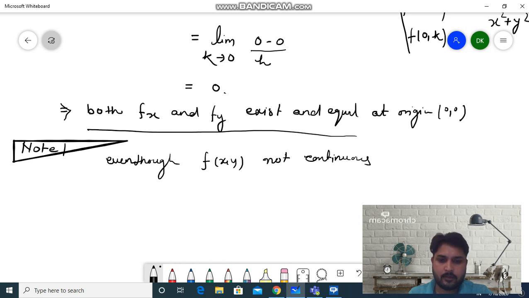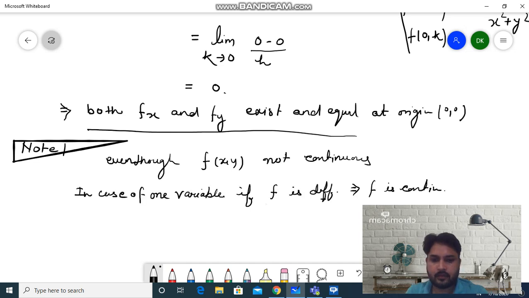We know that in case of one variable, if f is differentiable then f is continuous. But here we can see that fx and fy, that is partial derivatives of function of two variables, both exist, but the function is not continuous.